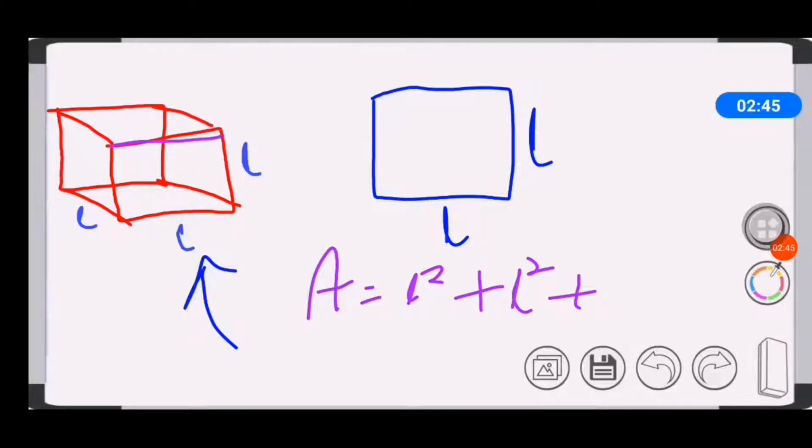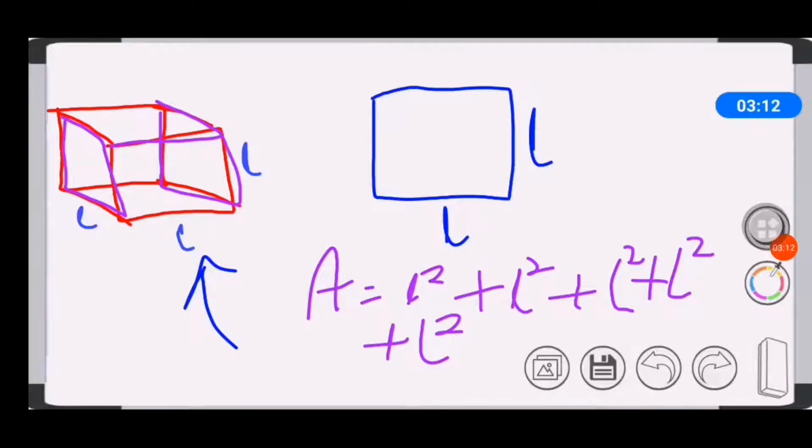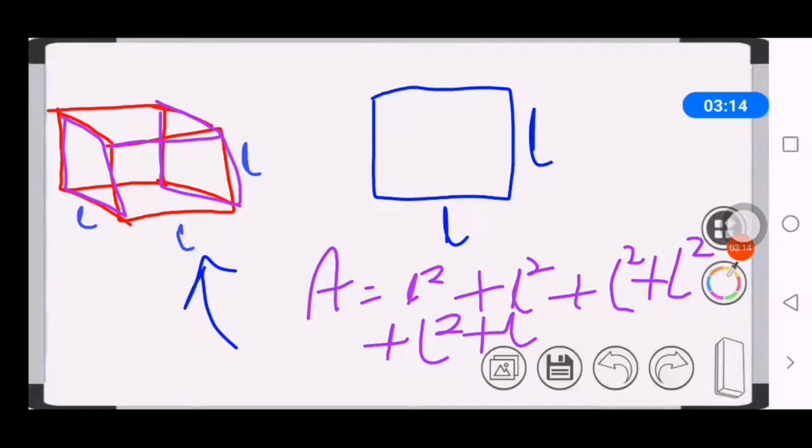The top face is length and the length again, because all the sides are equal, so L L. So that should be L squared. Then the bottom face, which is also L squared. We're not done. We are left with the left face, this side, which should also be L squared, and the right face, that side, should also be L squared.